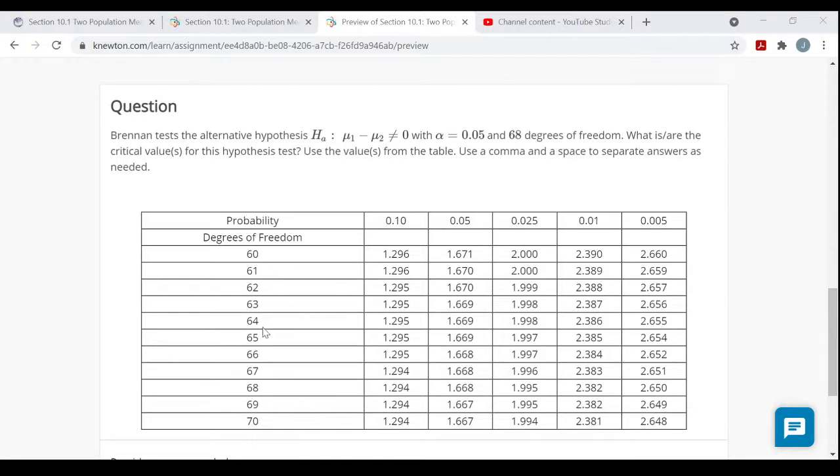So you see I'm going here, degrees of freedom, 68. So I'm in this row here, right, with 68 degrees of freedom. And then I'm looking for the t-score that has 2.5% above it. This is 10% above it, 5% above it. I want the one with 2.5% above it, and that's 1.995.